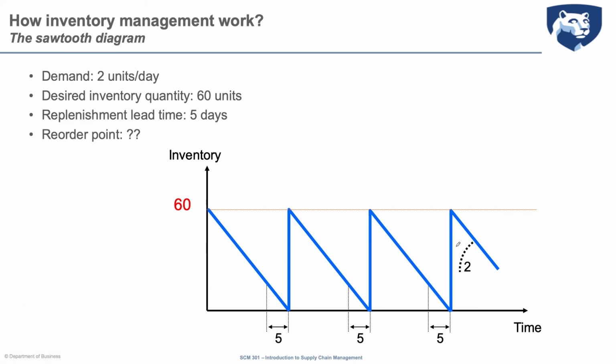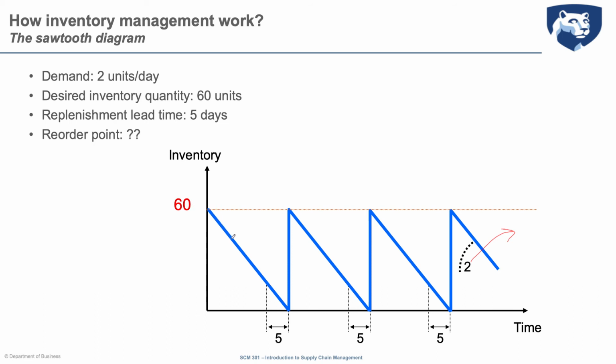Okay, 2 units per day. It means that every day I consume 2 units from the inventory to run my process, or if I am in the final market, I will sell 2 units of product every day.